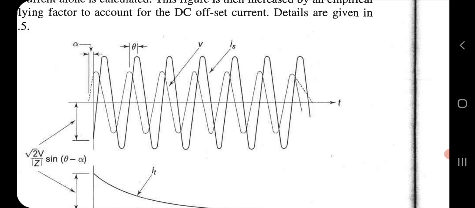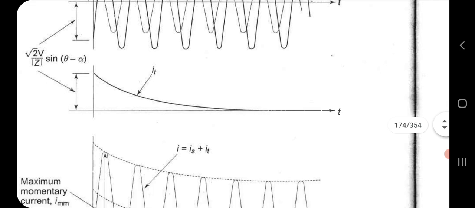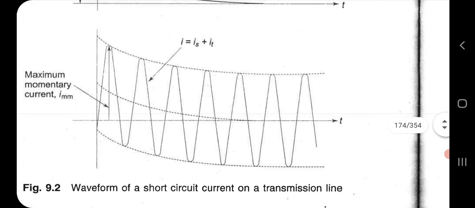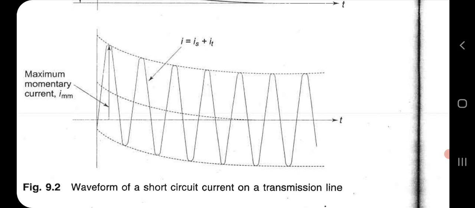The voltage remains the same, but the current goes on increasing or changing. As time passes, within a few seconds, it reduces and goes to the normal condition. It passes through the three states: transient, subtransient and steady state. So from a high value of current, it reduces to the normal value of current.